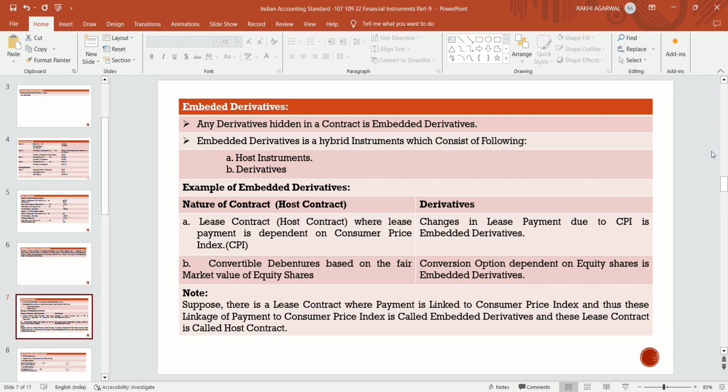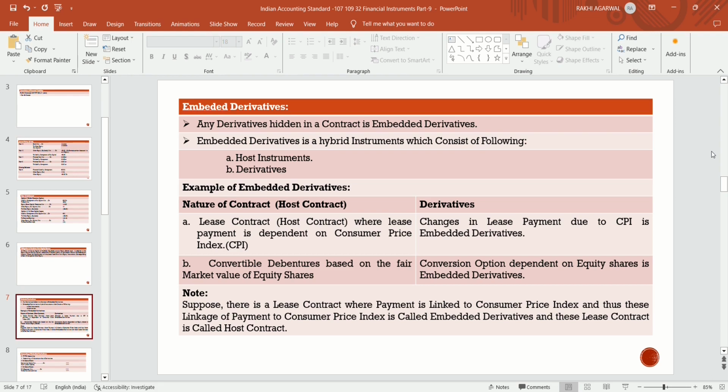So if the initial margin required to pay is nil or insignificant, settlement happens at a future date, and it derives its value from the underlying asset, so it's a derivative fulfilling the derivative conditions, and it's a non-financial transaction.